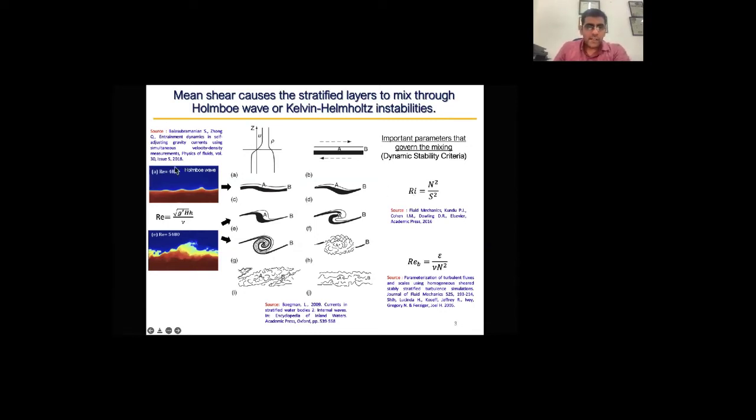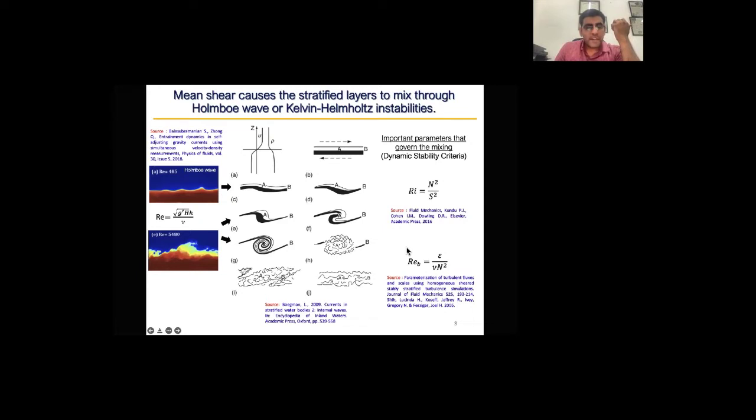But the Reynolds number is an extrinsic parameter which is known to us. In order to quantify the mixing, we resort to two basic parameters usually used in stratified shear flows. One is the Richardson number, here the gradient Richardson number, which is N squared over the shear squared.